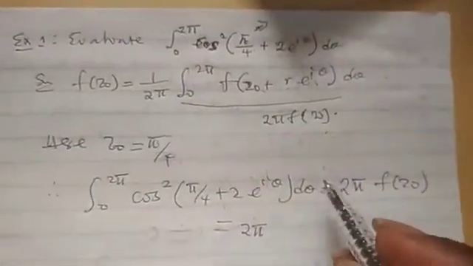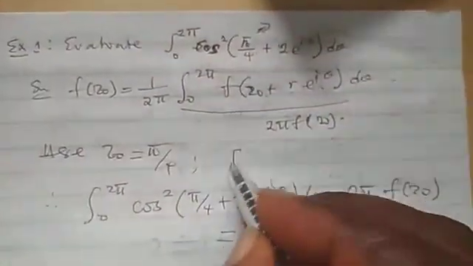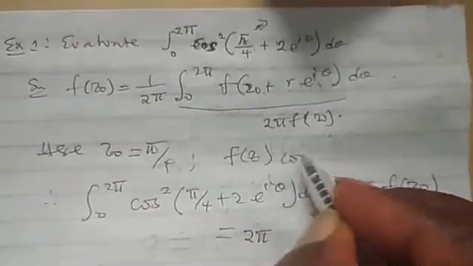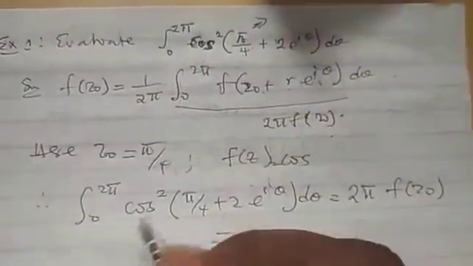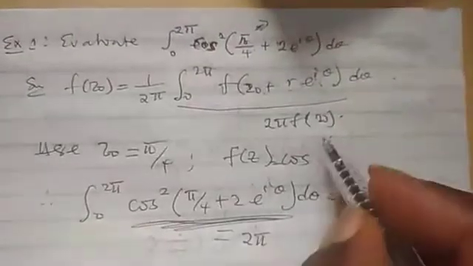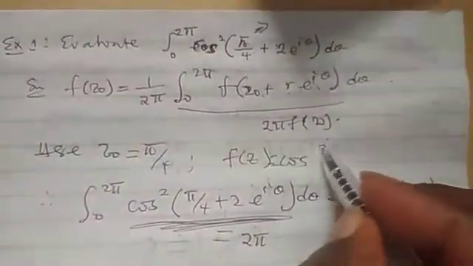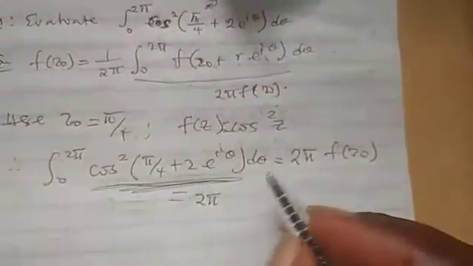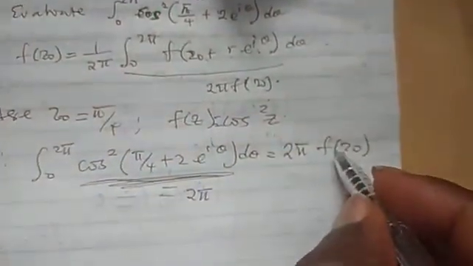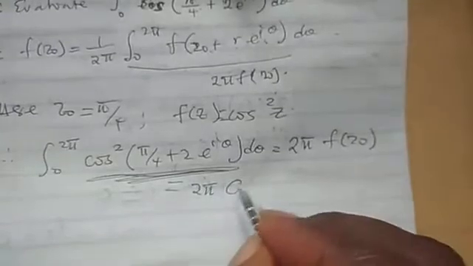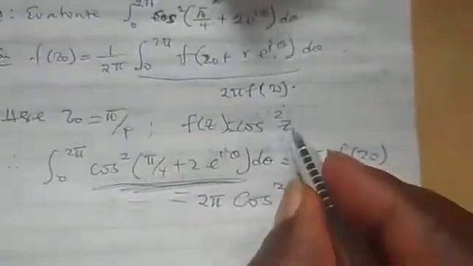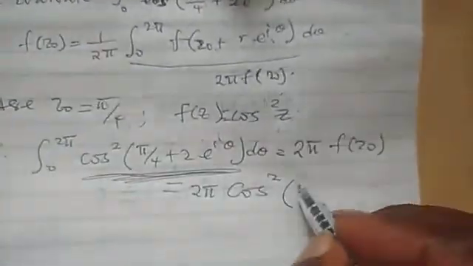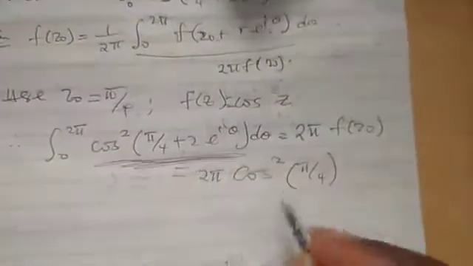Another thing we need to know is our f of z itself. Our f of z is simply cos squared z, so forget about all the rest. We said 2 pi f of z naught, so this will be cos squared z naught, and our z naught is pi over 4.